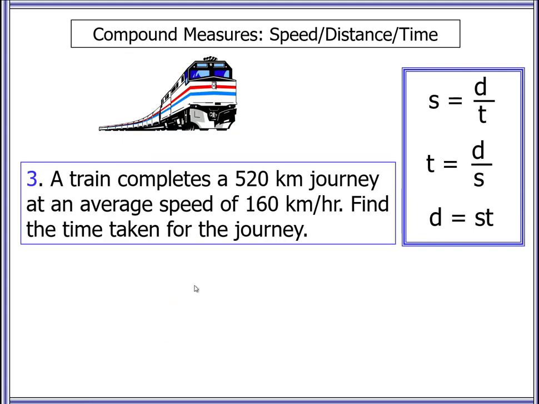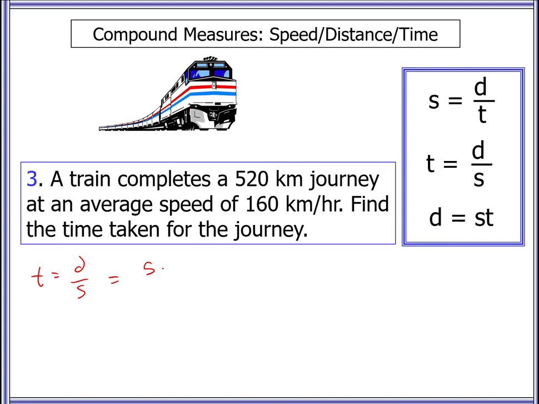Example 3, it's a train this time. It's covering a journey of 520 kilometers, and they give us the speed, which is 160 kilometers per hour. Find the time. Now, speed equals distance over time, and time is equal to distance over speed. So we have here time is equal to distance over speed.